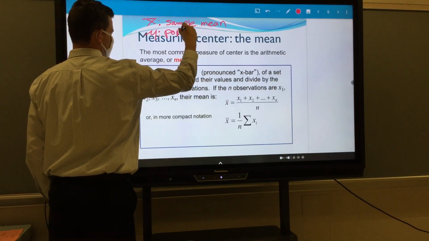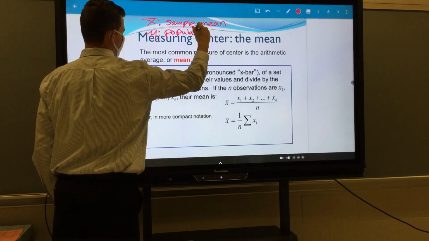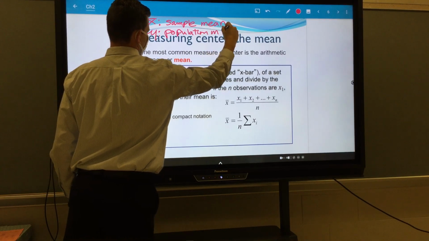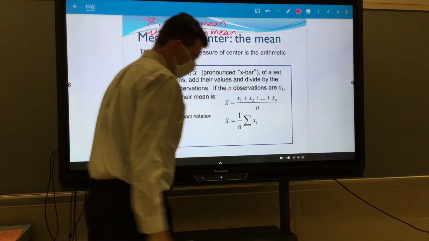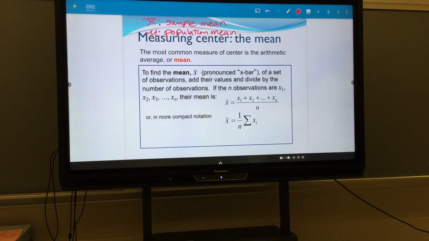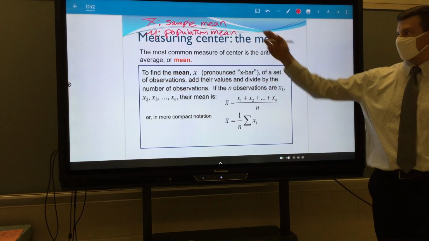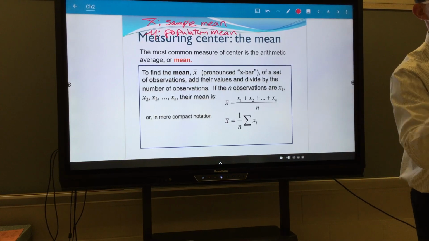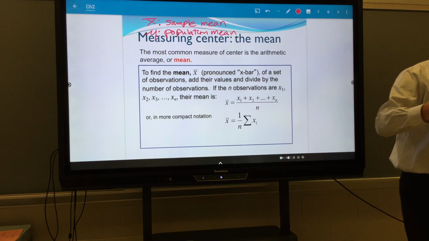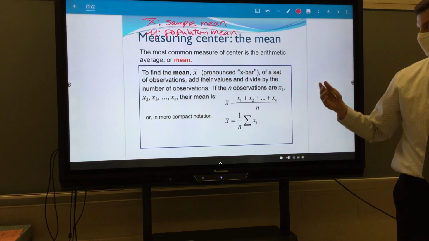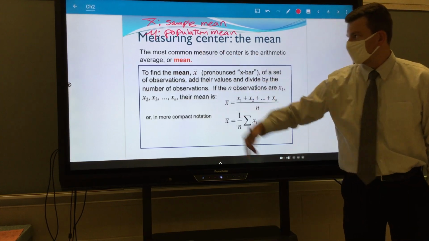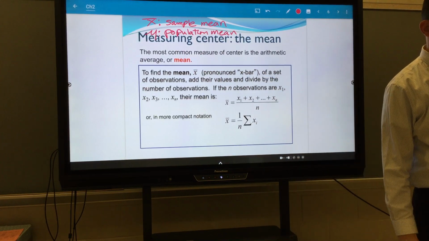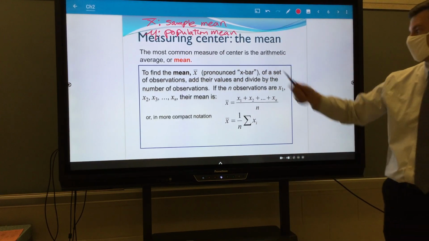This is a population mean. Now, for right now, most of our work will be with X bar. And as we start talking about how the sample is a representation of the population, we'll start to bring in mu a little bit more. But for right now, we're just using X bar.